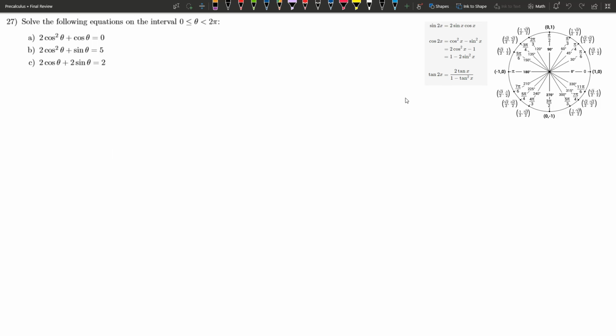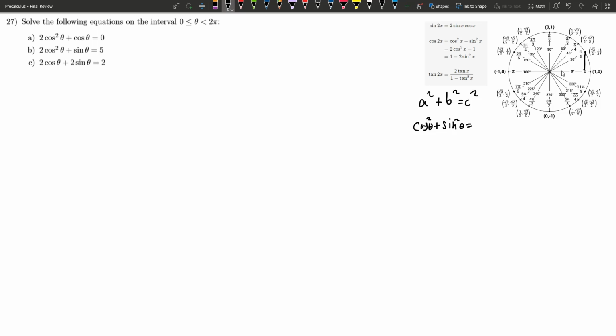But the one I do remember is the Pythagorean theorem, which is a squared plus b squared equals c squared. In this case, if I were to make a right triangle, my a and b are the x and the y, which is just the cosine and the sine. So we could say cosine squared theta plus sine squared theta is equal to, right?